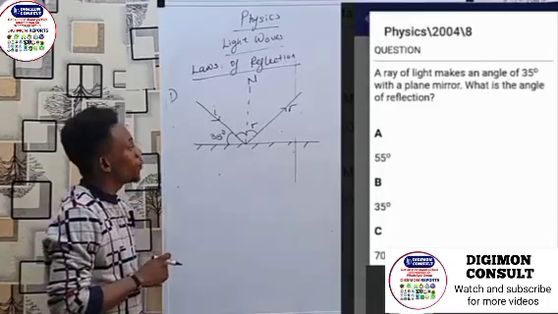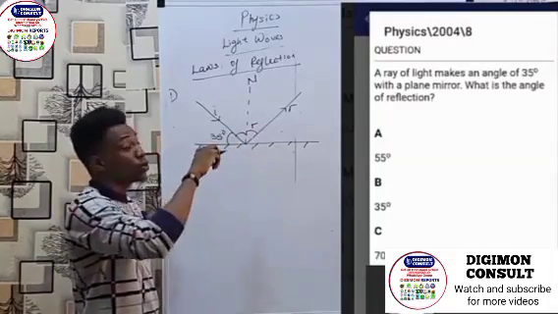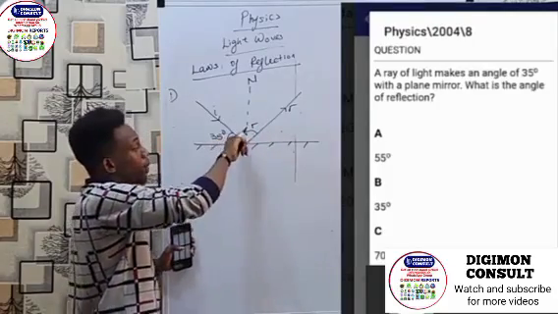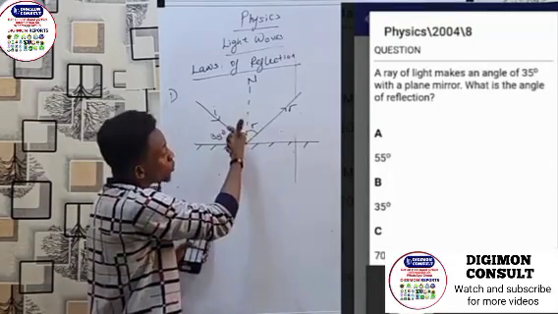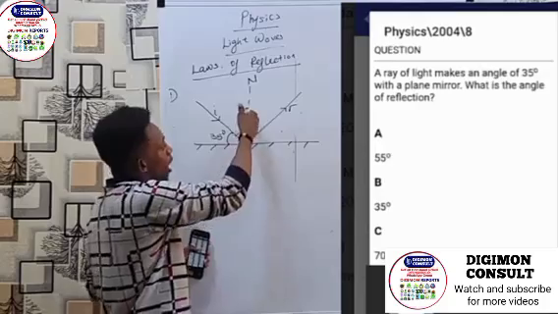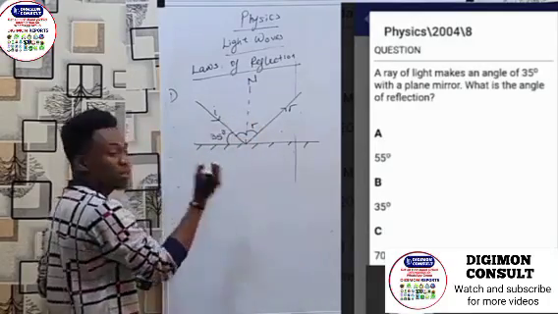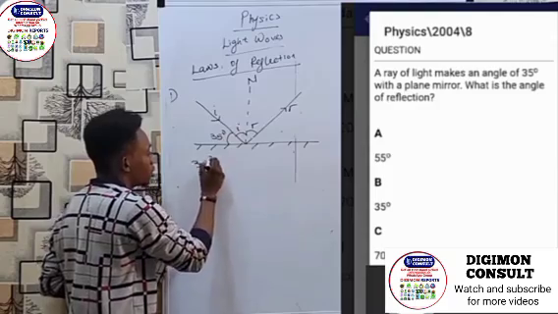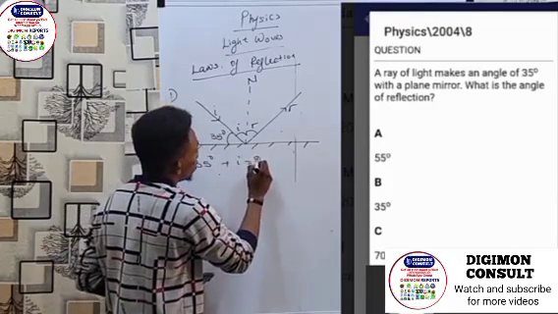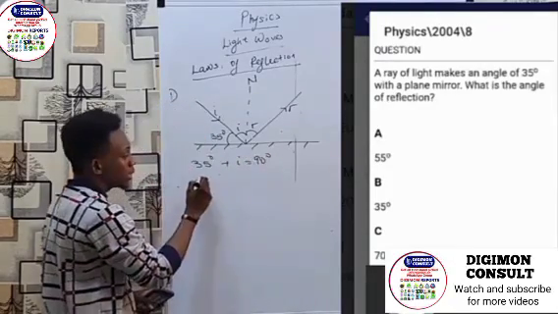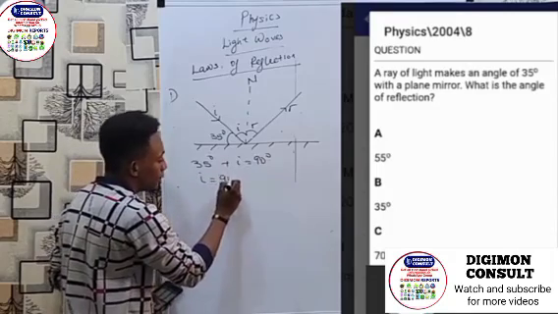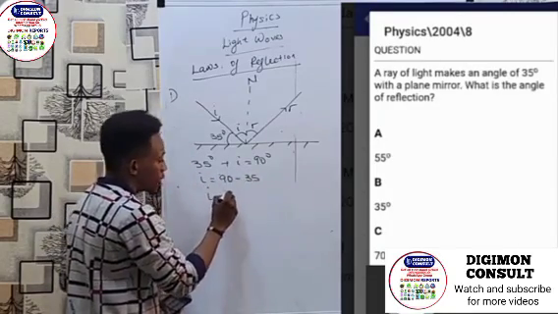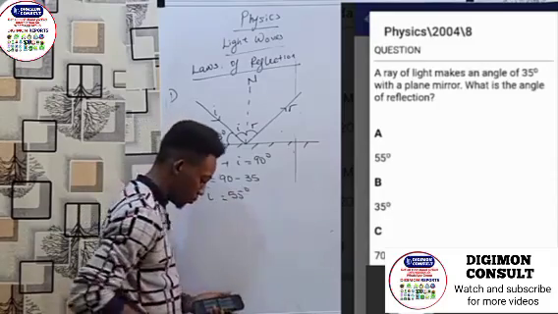Now, as you are aware, before I can go for my angle of reflection, I must first of all find my angle of incidence. And my angle of incidence is the angle from the ray to the normal. If you look at this, from my normal to my mirror forms 90 degrees. Therefore, I can tell that 35 degrees plus i equals 90 degrees. Collect like terms, that will be 90 minus 35, and that gives us 55 degrees.